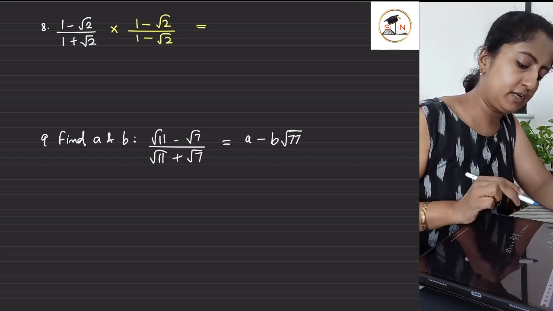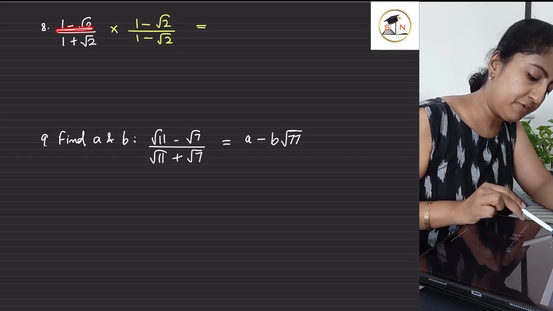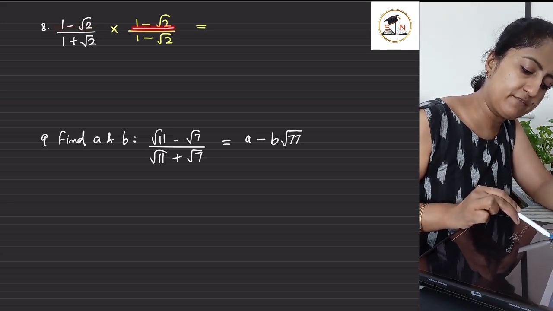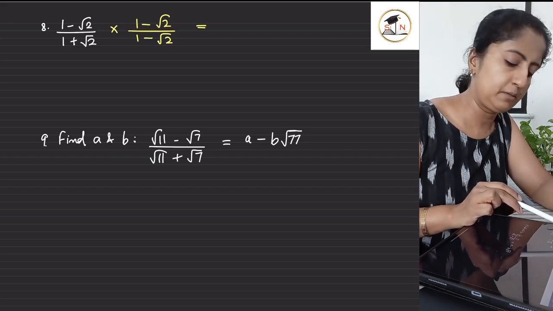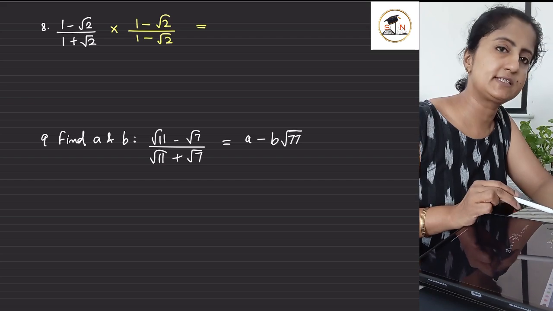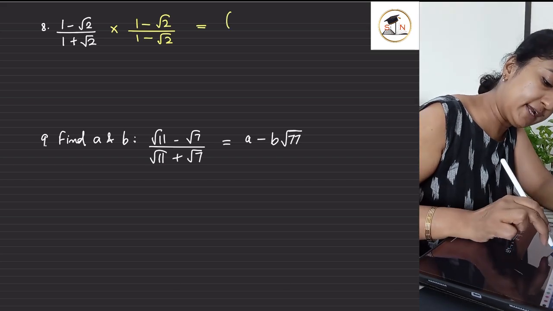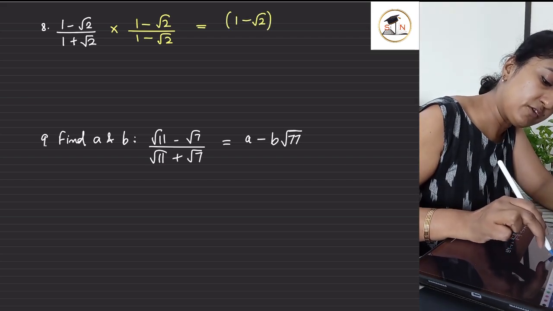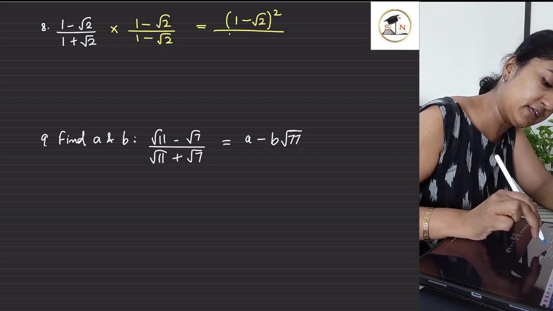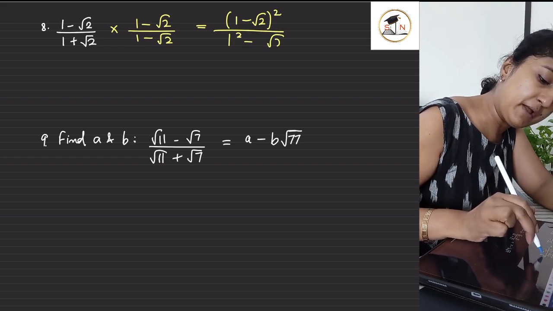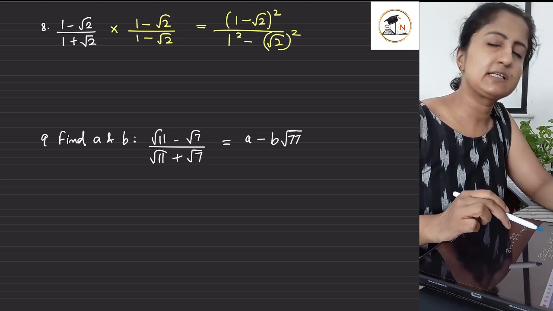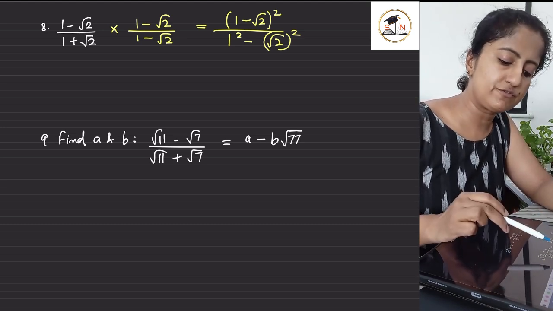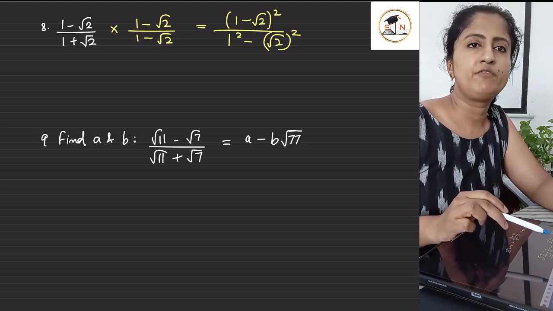Now, in the numerator, you are having 1 minus root 2 multiplied with 1 minus root 2, which means the same terms are getting multiplied, so it's a square. So we will write 1 minus root 2 whole square divided by 1 square minus root 2 square. Now, it is useful to apply the identity when you can.